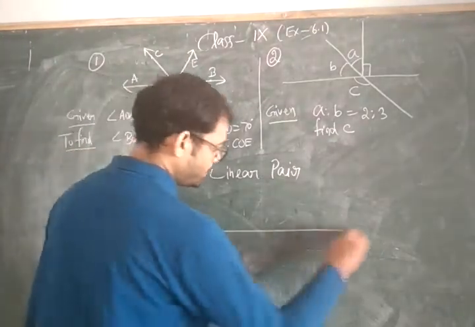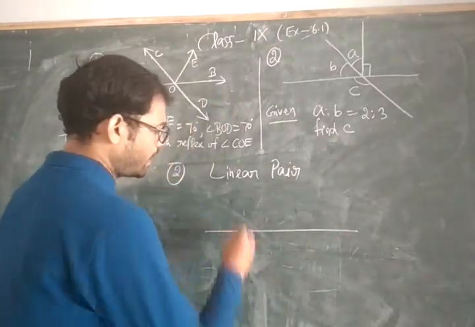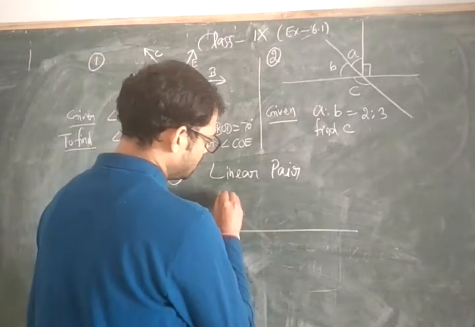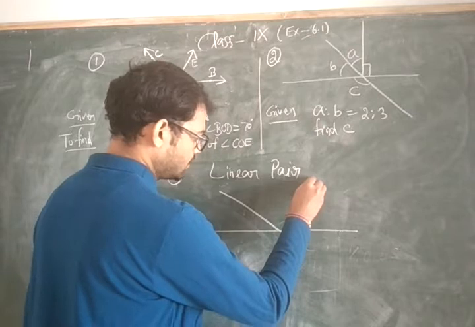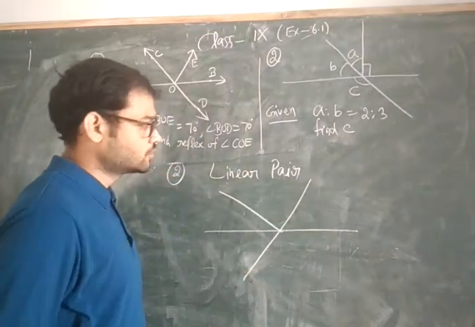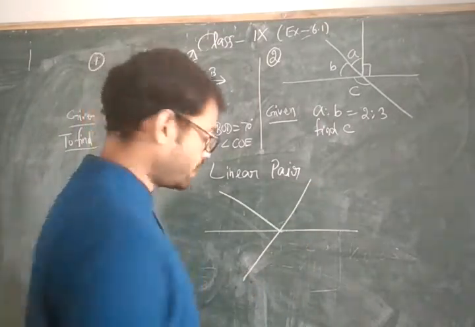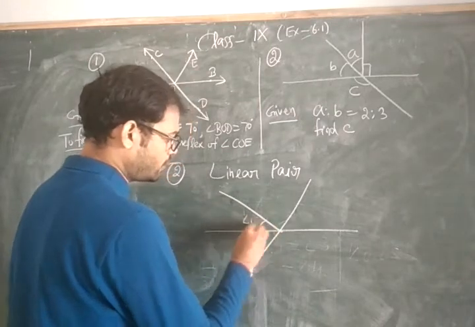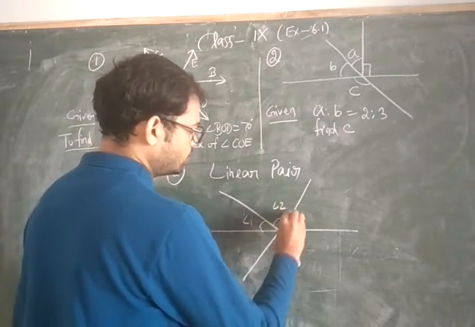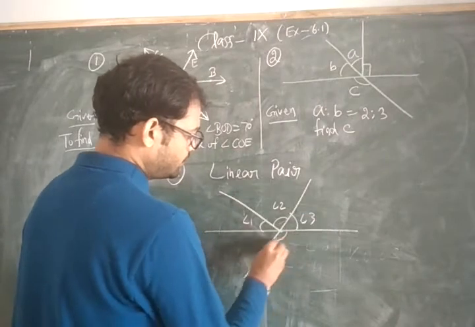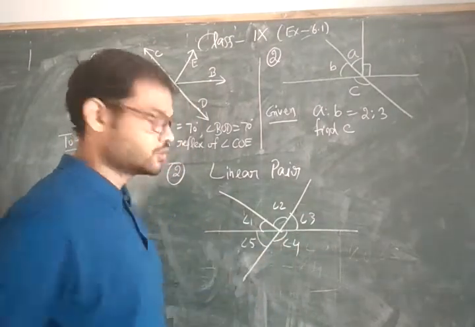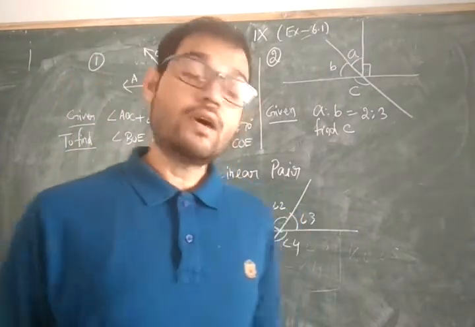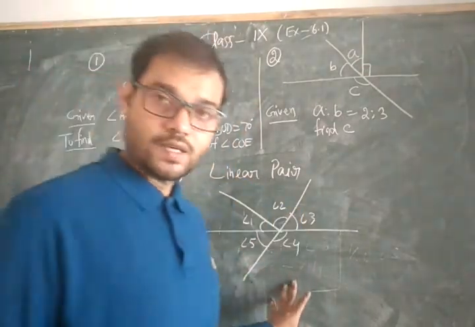Like if I have one straight line, and another line like this, and one more line like this, I give names to the angles: this is angle 1, this is angle 2, angle 3, angle 4, and angle 5. So you can see I have 5 angles here.